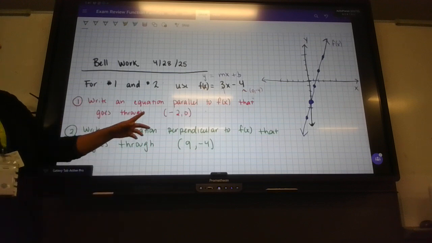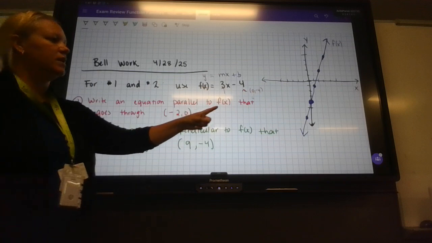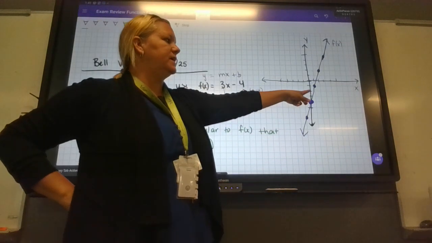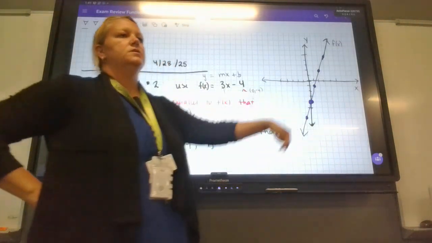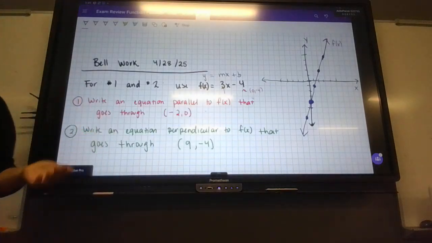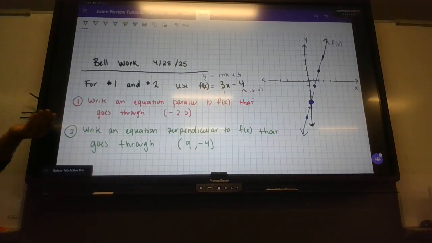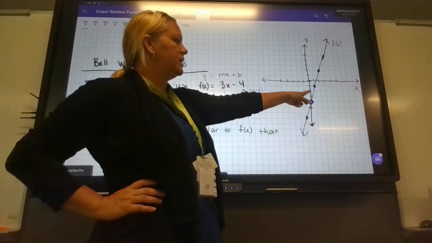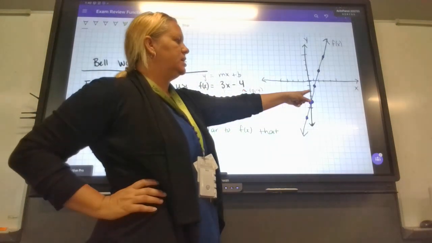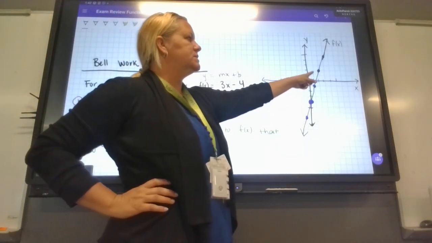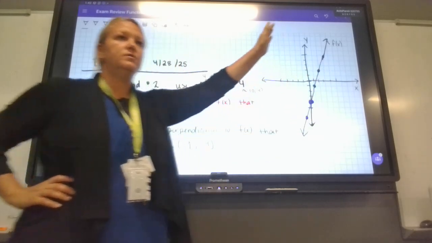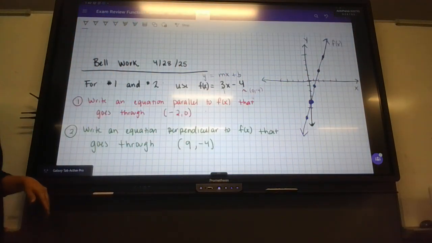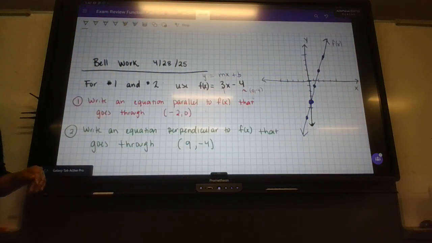So I want to be parallel to it, but I want to go through this -2 point. When you have graph paper, you can come up with your equation by using a graph. I could start with a point at -2, and then parallel lines have the same slope. So I could just follow the pattern up 3 over 1.